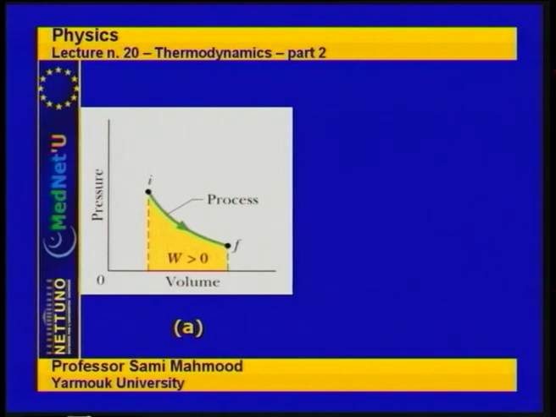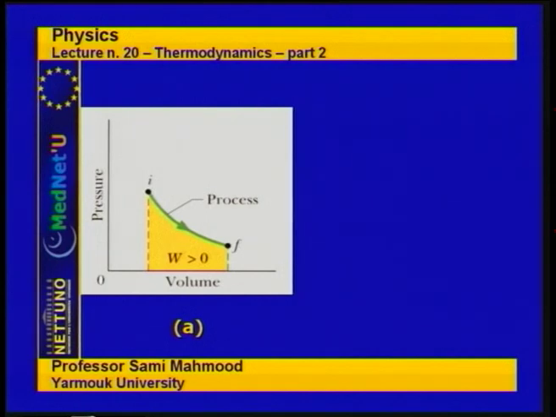The PV curve is the relation between pressure and volume. If this is the path taken, then the integral of P dV, which is the work, is simply the area under the curve. That is the value of the integral P dV, because now we know a relation between P and V.